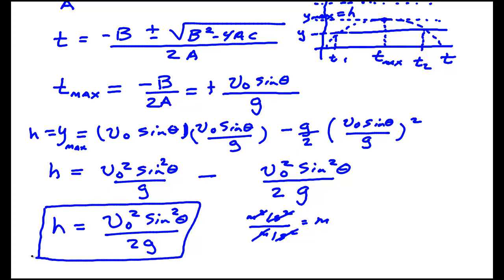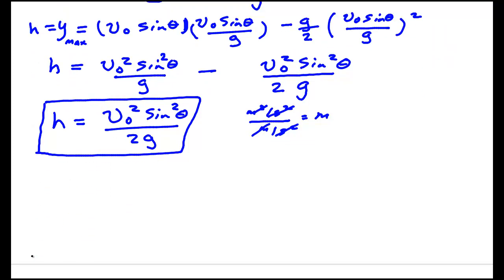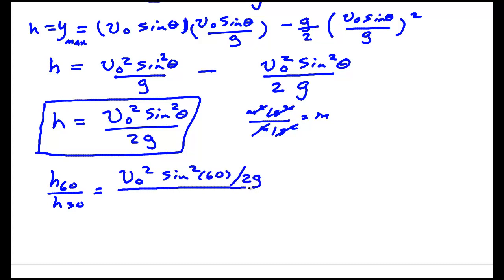So if I want to compare two different angles, all I have to do is take the ratio of two values. So I'm going to look at how does h of 60 look versus h of 30. Well, let's see, that would be v naught squared sine squared of 60 degrees divided by 2g. And then I will divide that by v naught squared sine squared of 30 over 2g.